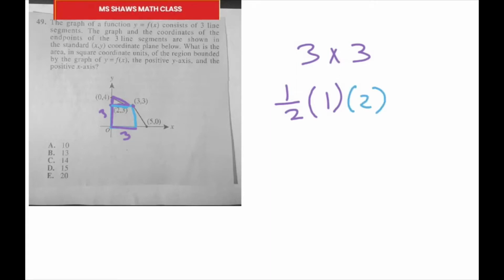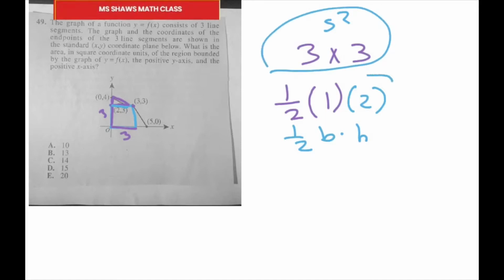So the area of the triangle is 1/2 base times height. And this is the area of a square, which is just side squared. So that's your first piece, and here's your second piece. And your third piece is this triangle here.